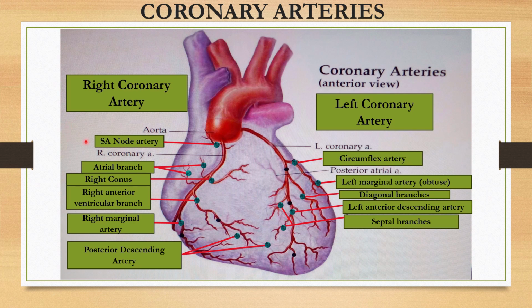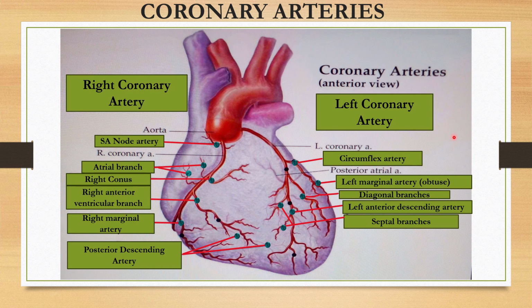So the first one is the SA node artery. Below that, atrial branches, and you can see the right conus. Then the right anterior ventricular branch, below that the right marginal artery, and finally the posterior descending artery.